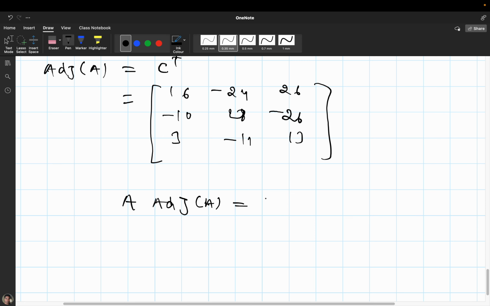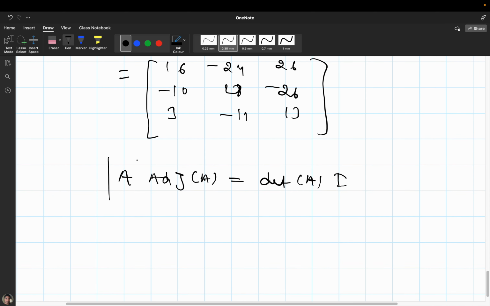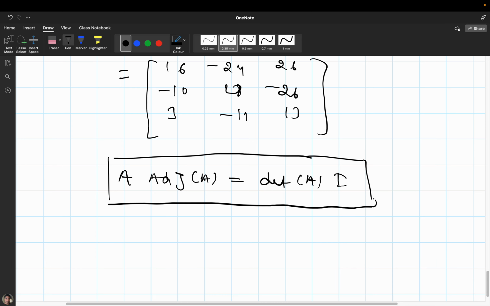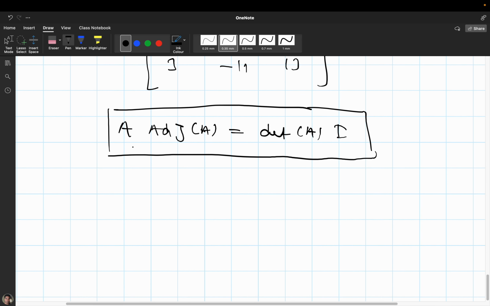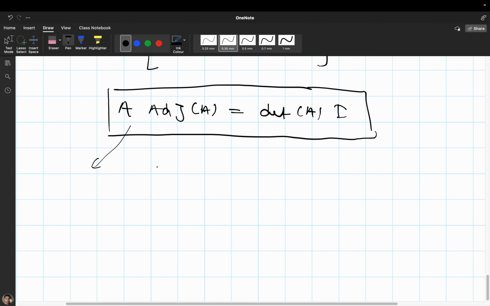It is nothing but determinant of A times the identity matrix. Now I will transform this. Suppose I want to get A inverse from this, then what will I do? Tell me.